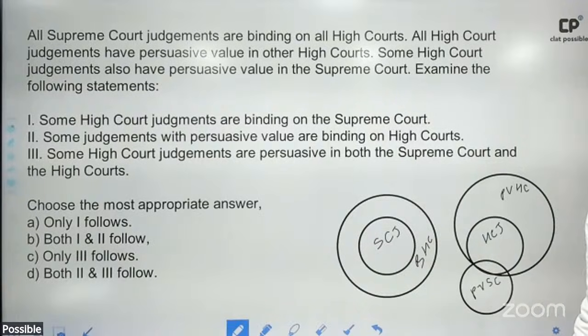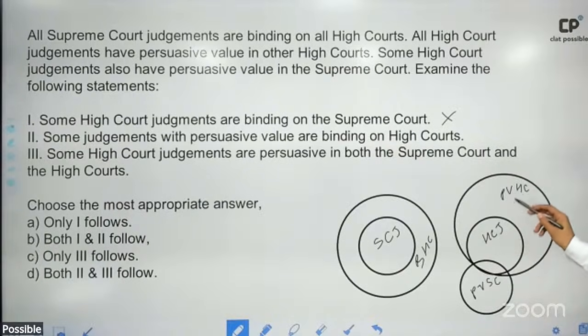We agree with the diagram? Now, one, some High Court judgments are binding on the Supreme Court. We don't see it in the diagram. This is out. Some judgments with persuasive value are binding on High Court.